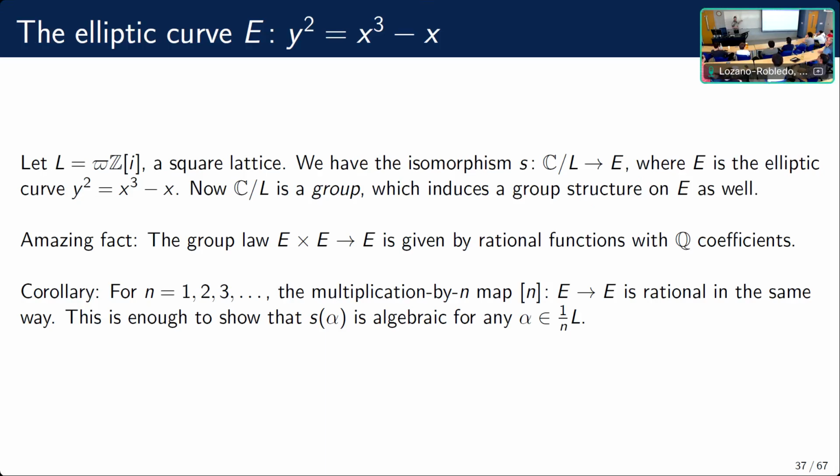And if I hit this with s, then I land here. I get an x and a y. But then, since the two group laws are compatible, if I take a point here and multiply it by 3, I get the origin. And that means, given this amazing fact, that the coordinates of those points are all algebraic numbers.